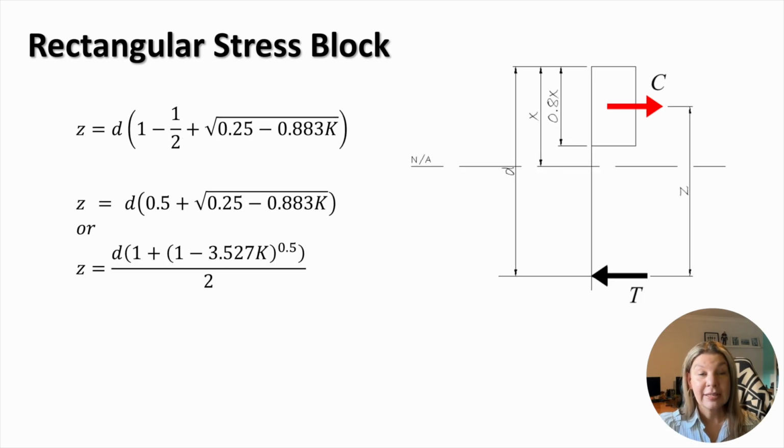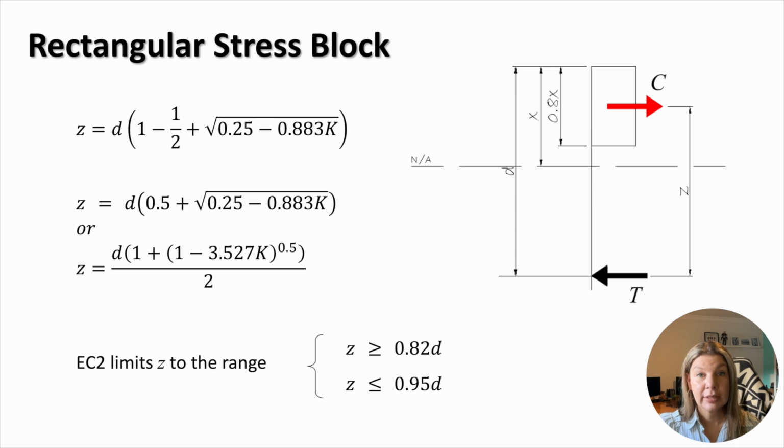The expression for the lever arm can be represented in different forms. Eurocode 2 limits z to the range between 0.82d and 0.95d. This condition assures that the designed concrete section is under-reinforced. If z falls under 0.82d, the section becomes over-reinforced, and if z rises above 0.95d, the section becomes lightly reinforced.